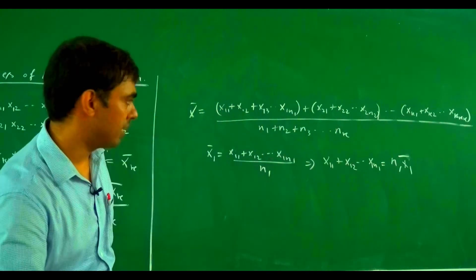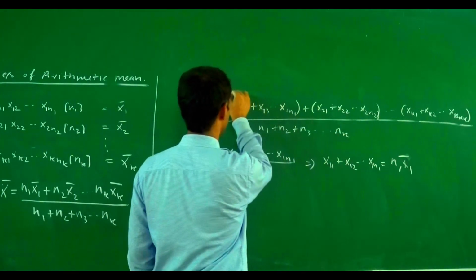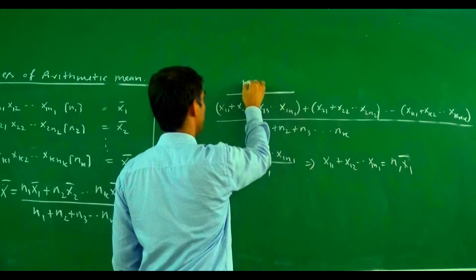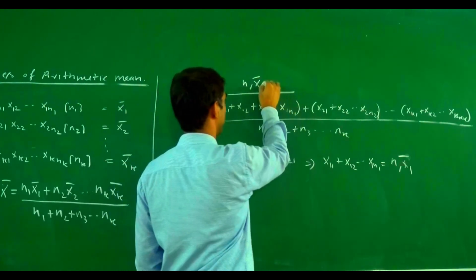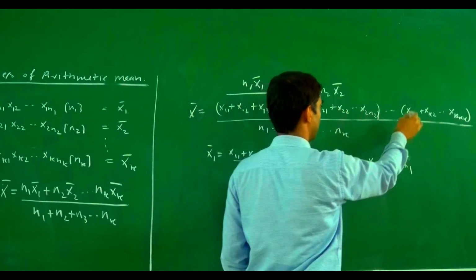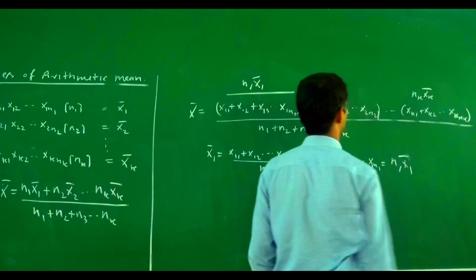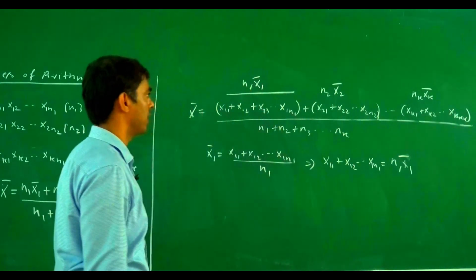In a similar manner, the value for the second series is n2 x2 bar, and the value for the last is nk xk bar.